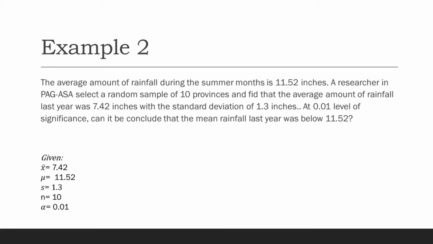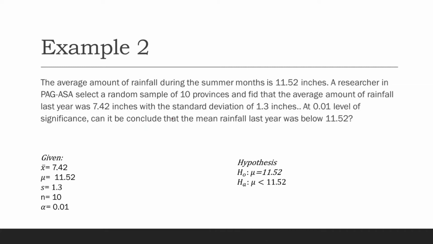So, we need to find the null and alternative hypothesis. So, the null hypothesis is equal to 11.52. And the alternative hypothesis is less than 11.52. Paano ba natin na-identify if this is less than?